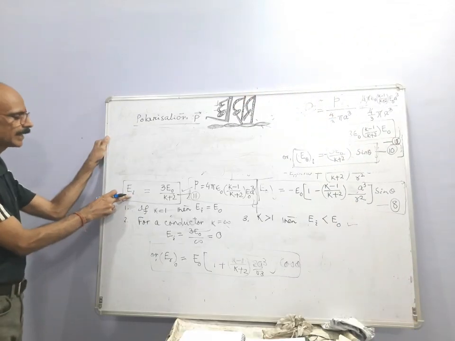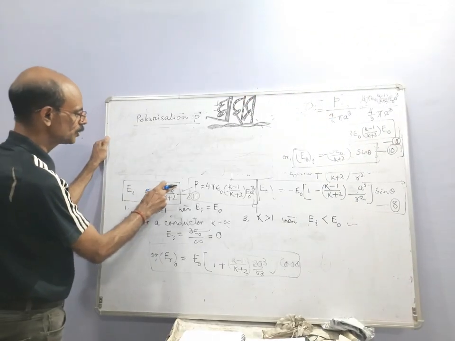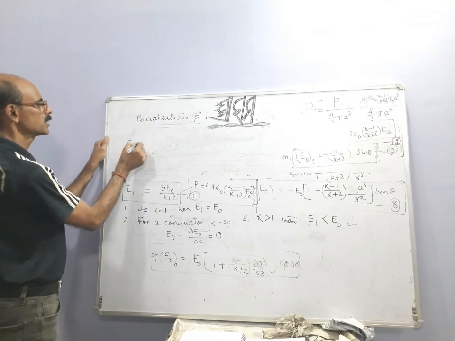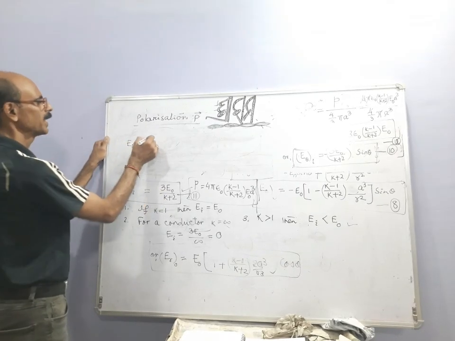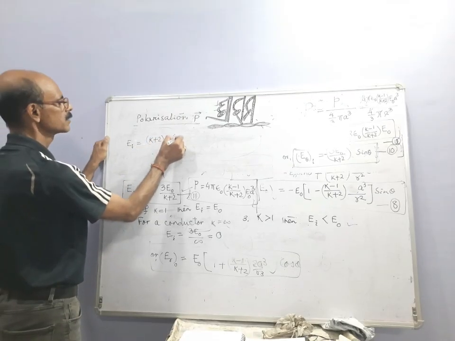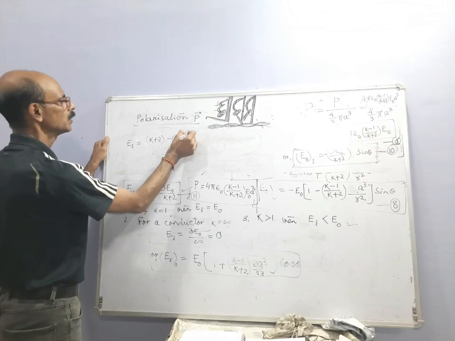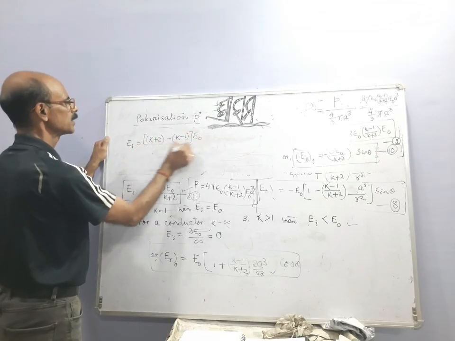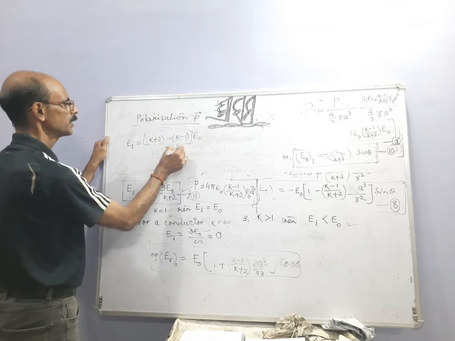Ei we have obtained: Ei is equal to 3 E0 by k plus 2. Let me write this using equation 11. I can write it as (k plus 2 minus k minus 1) E0 by (k plus 2). Right?